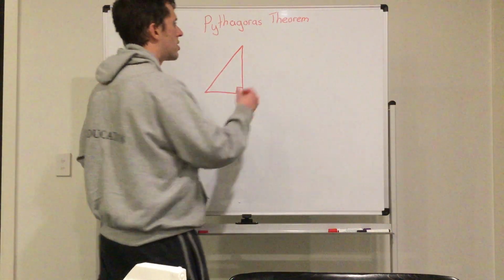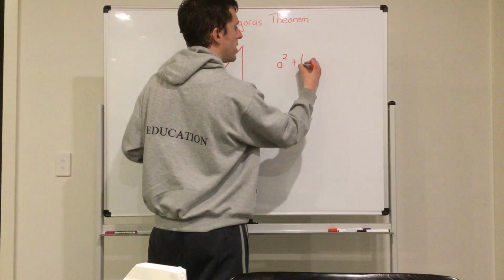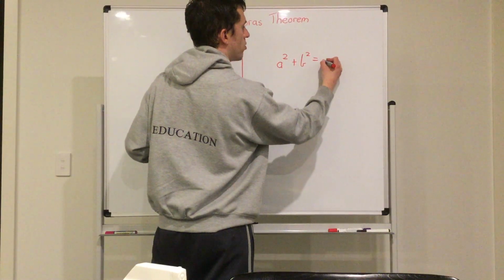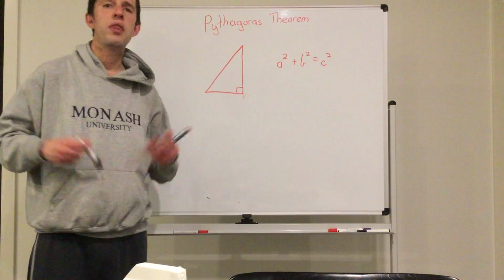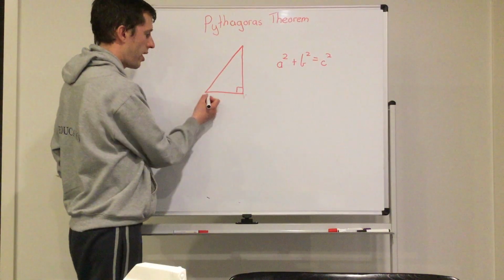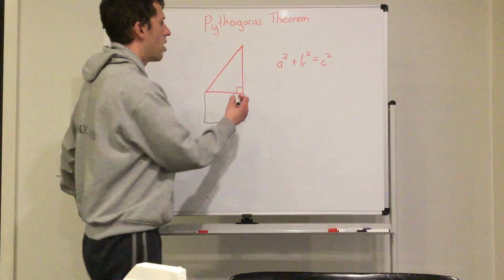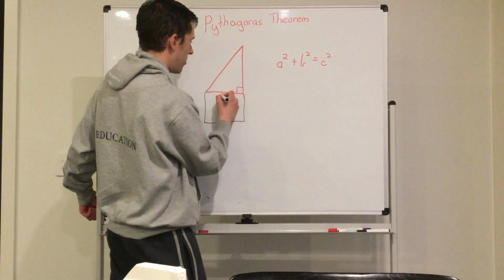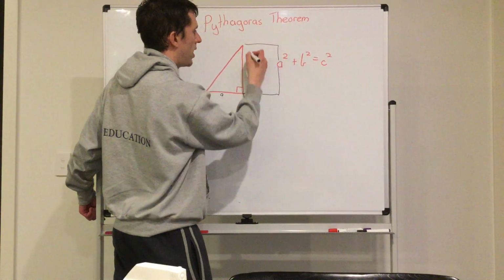So the rule is that we have a squared plus b squared equals c squared. If we're thinking about squared, that just means that we're looking at area. So this length squared, plus b, because this is a, plus b squared.